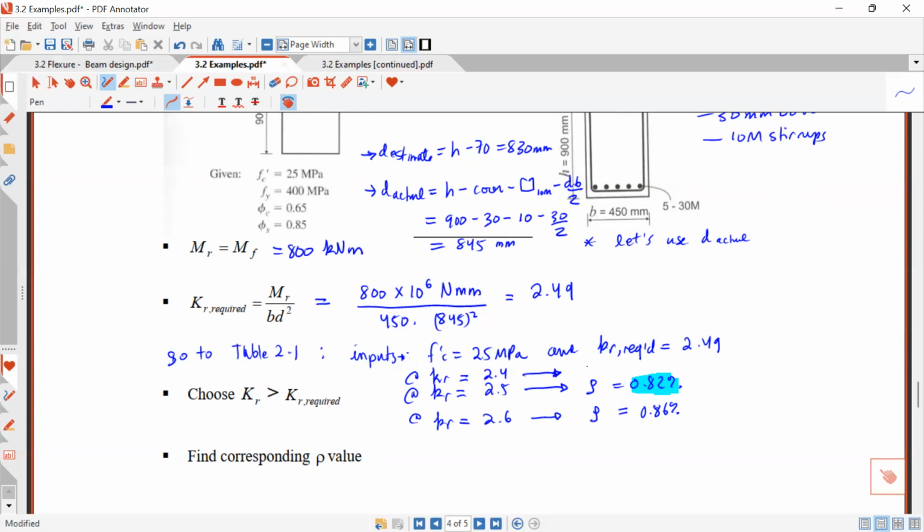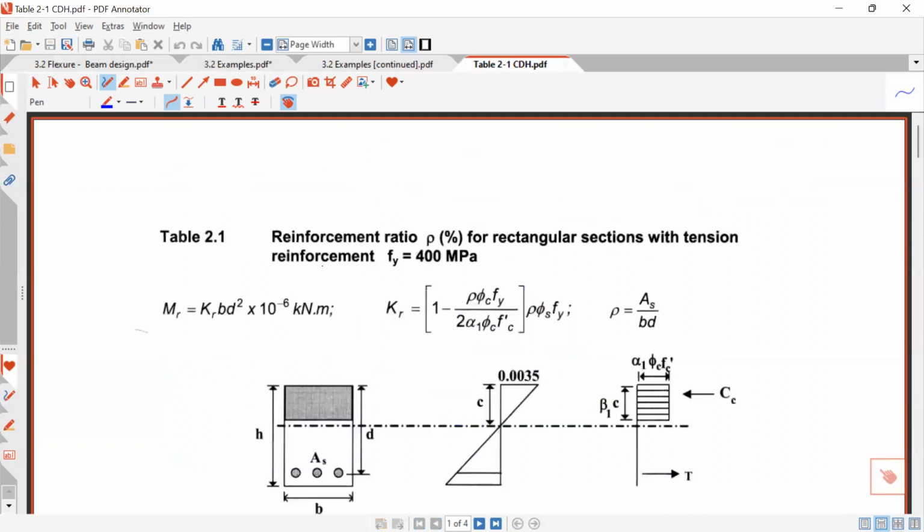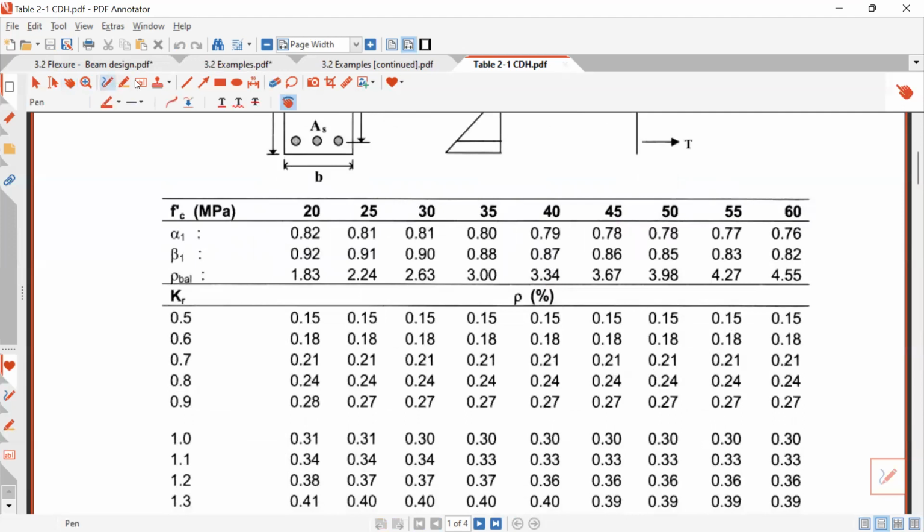Okay, so we're going to get these entries here. Let me open that. Here's our table 2.1. Now it's going to be hopefully more clear. We're at 25 MPa. We calculated we needed a KR of 2.49, so I need to choose something at least 2.49.